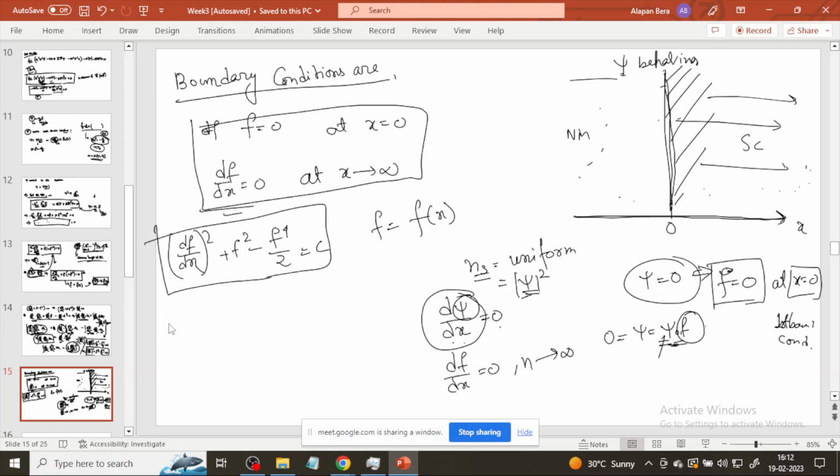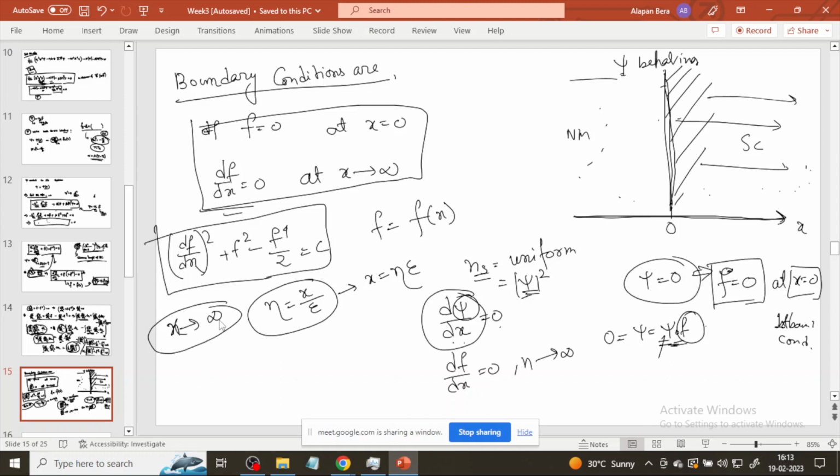So now let's say x tends to infinity. What we have considered is that η is equal to x by epsilon, if you remember from the previous slide, so x is equal to η times epsilon.